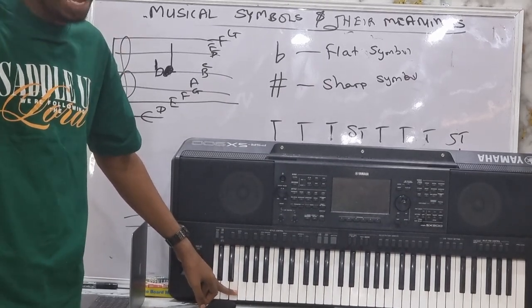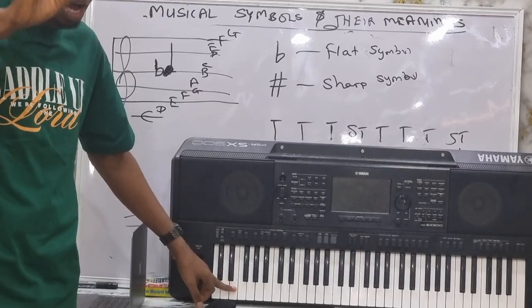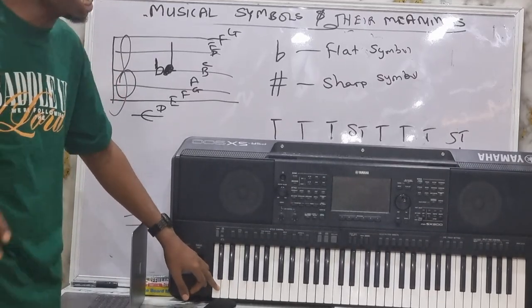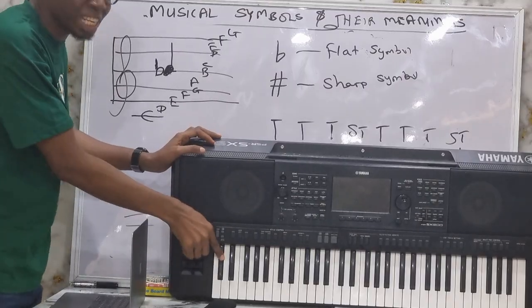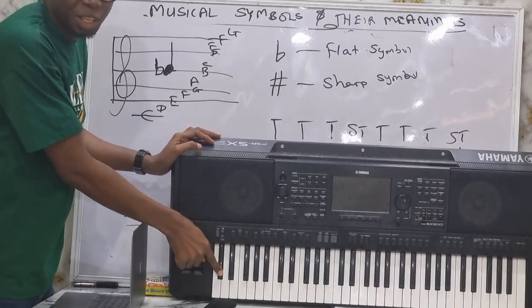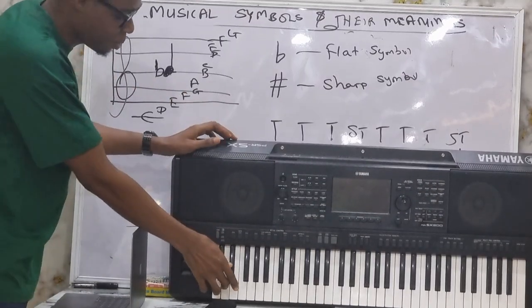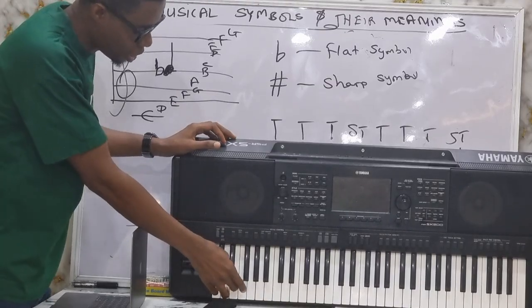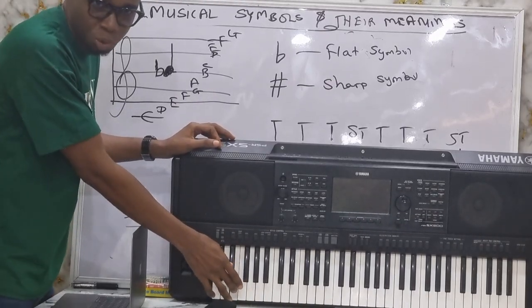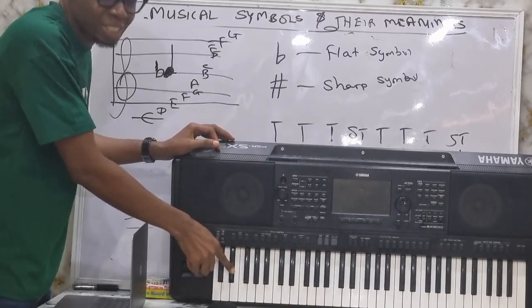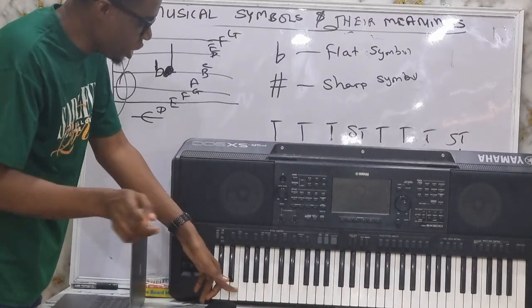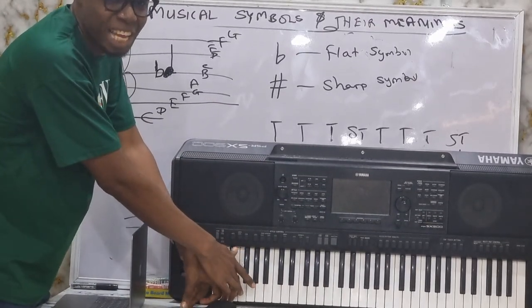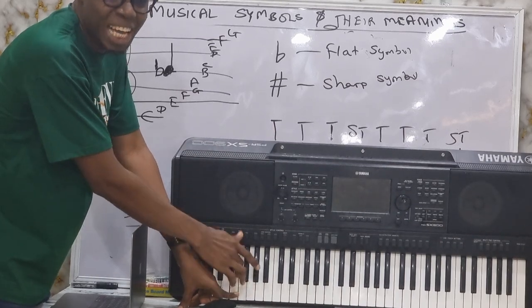Forget minor or no minor now. We are going somewhere. The distance between your C and your D is a tone. Why? Because there's a black key here. The distance between your D and your E is a tone. Why? Because there is a black key here. The distance between your E and your F is a semitone. There is no black key.